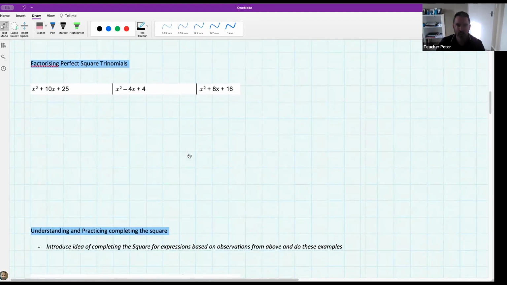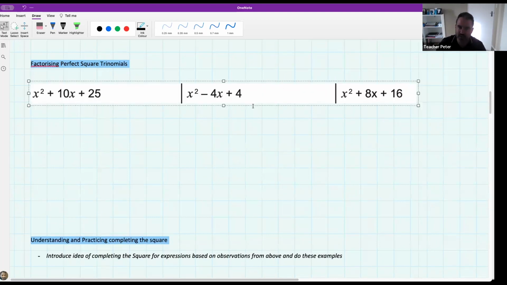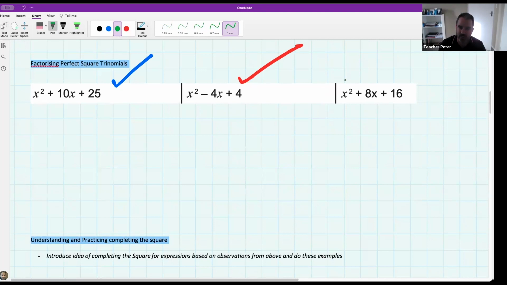So what I want you to do quickly is check that you can factorize these three trinomials for me. Just to get your brain moving today, I want you to factorize this trinomial, factorize that trinomial, factorize that trinomial.